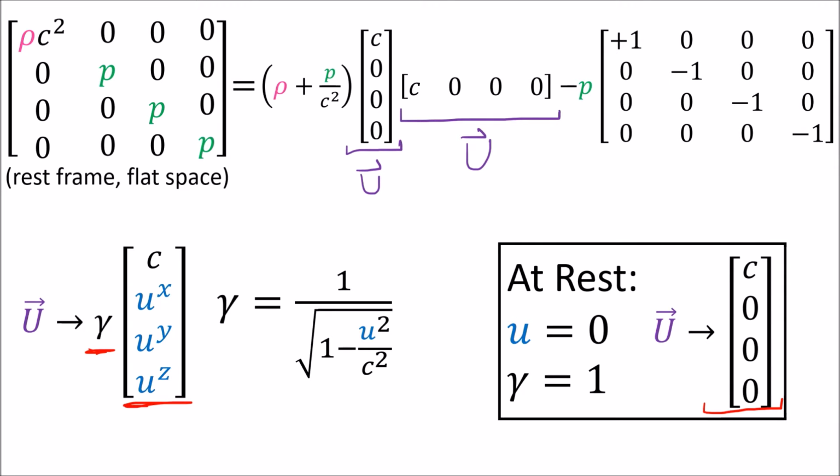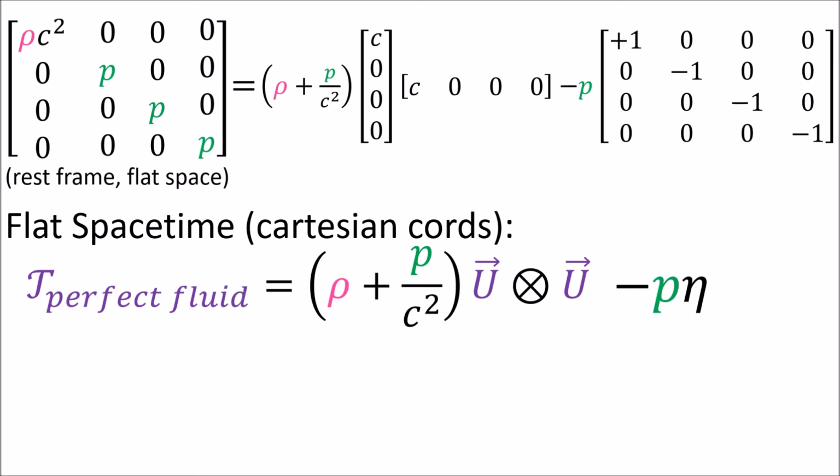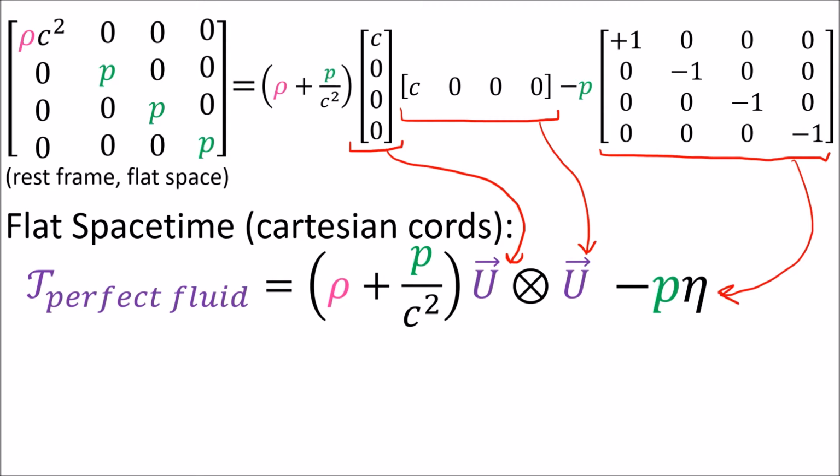moving in space. So for a flat space-time, we can write the perfect fluid energy momentum tensor in abstract notation like this, where these become the tensor product of 4-velocity vectors, and this becomes the flat Minkowski metric eta. Also note that we're using the mostly minus metric convention, so we use a minus sign in this equation.